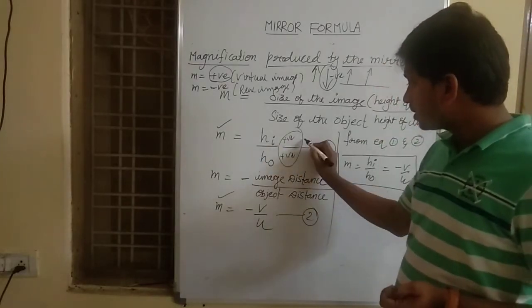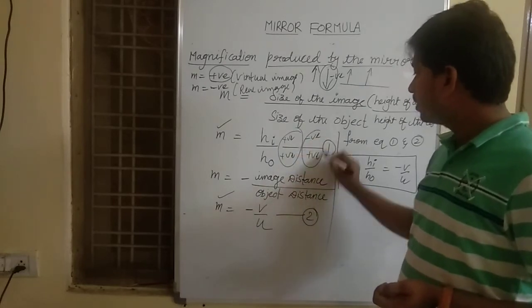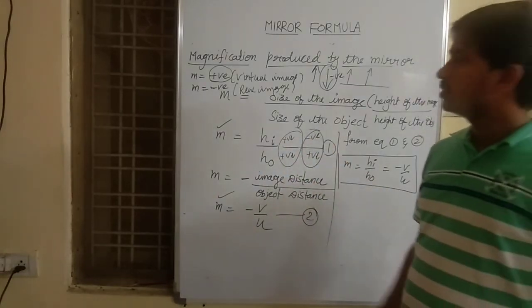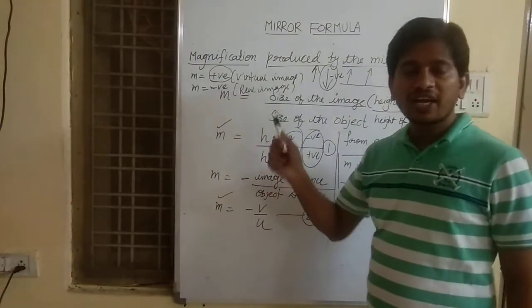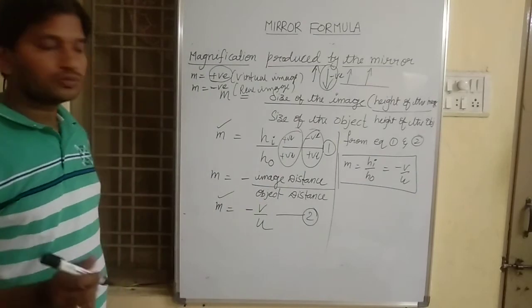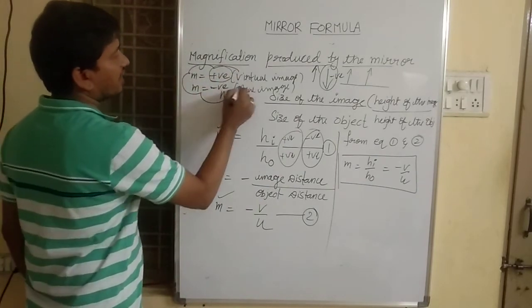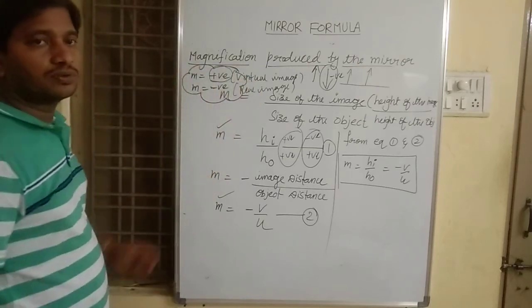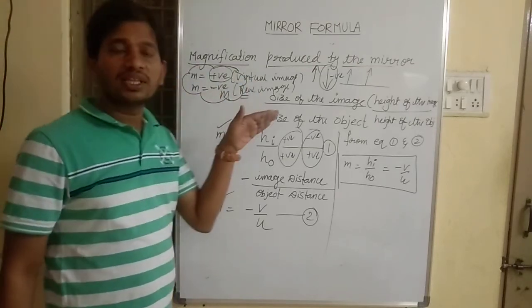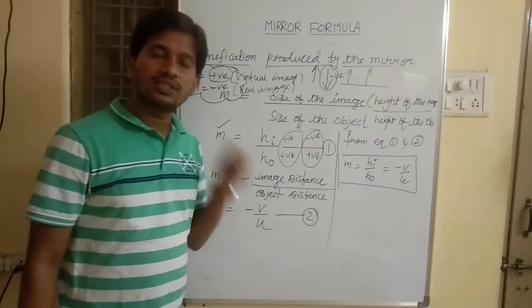Height of the image is negative, height of the object is positive, and negative by positive is negative. So for a real image, magnification is negative. This is a very important point: negative in the case of a real image, positive in the case of a virtual image.